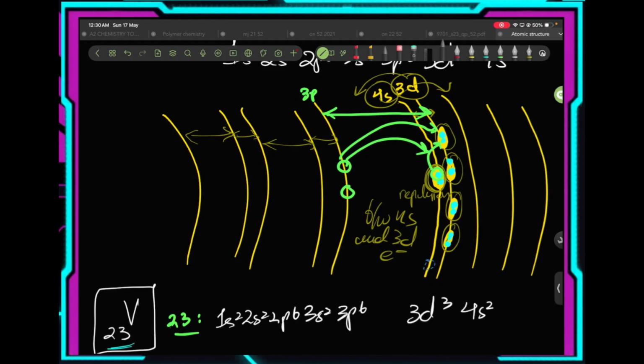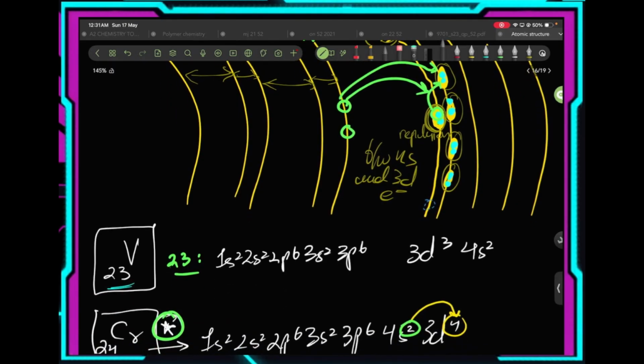No. First, when we are filling electrons, the electrons will automatically fill themselves according to the most stable arrangement. What we're doing is trying to figure out how to actually do it on paper. Because 4s was closer to the nucleus, we filled it up first, and then we filled up 3D.